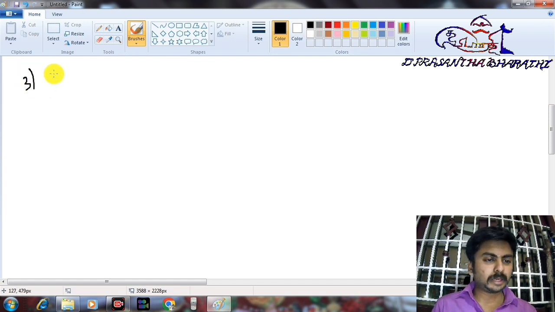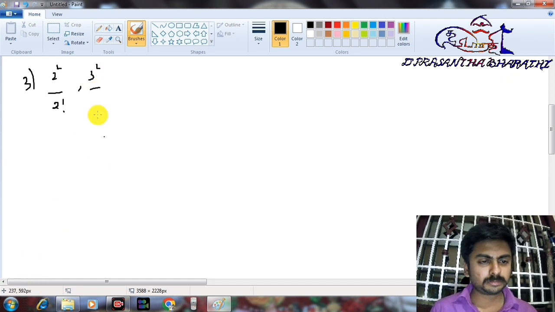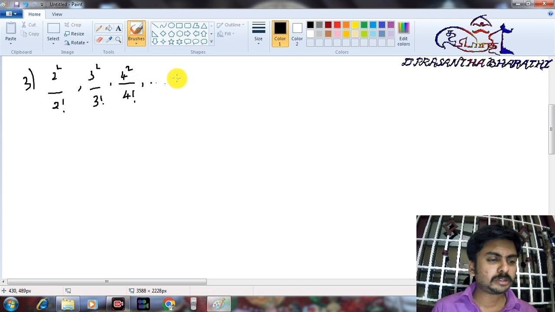Our third problem is 2 square divided by 2 factorial, comma, 3 square divided by 3 factorial, comma, 4 square divided by 4 factorial, comma, etc.